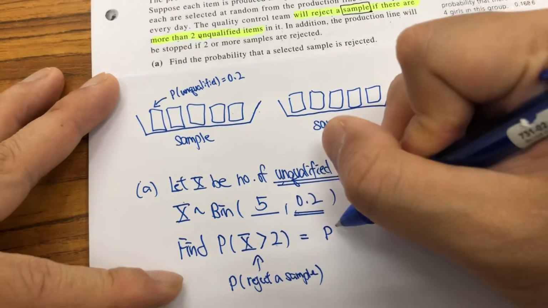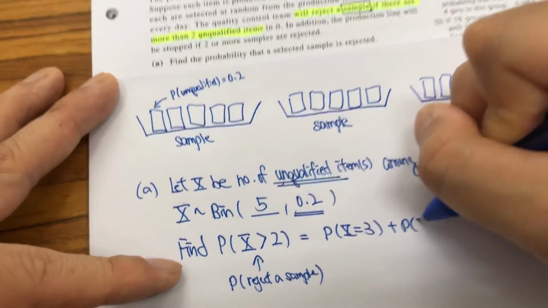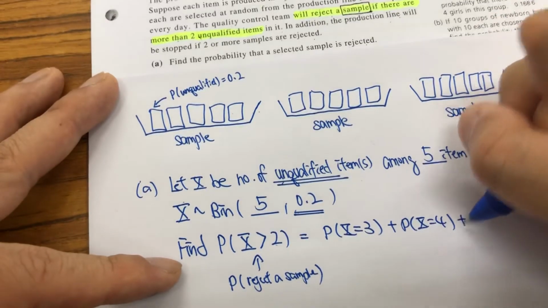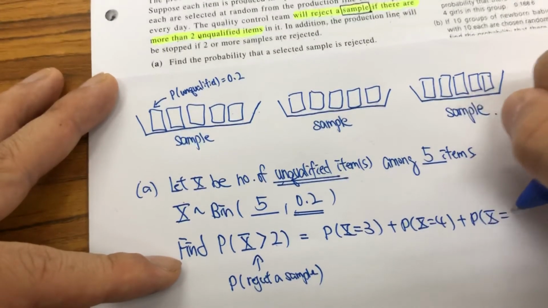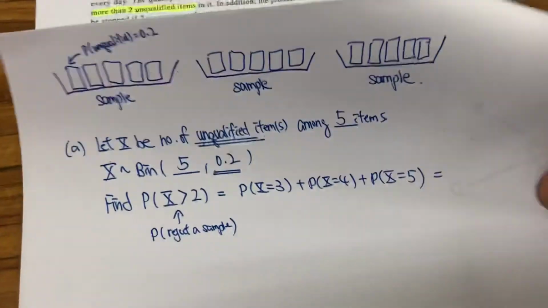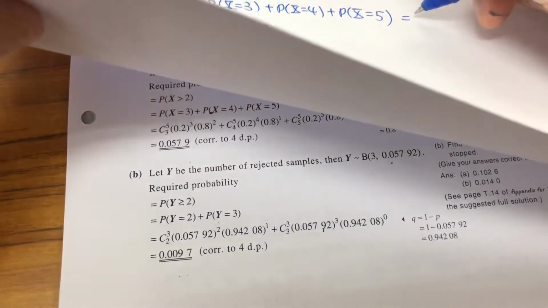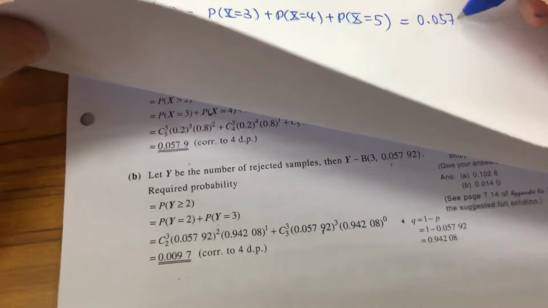So you have to find the probability of X equal to 3, X equal to 4, and also X equal to 5. Okay, so to save time, I just copy the answer. I do not want to use the formula so many times. 0.0579.